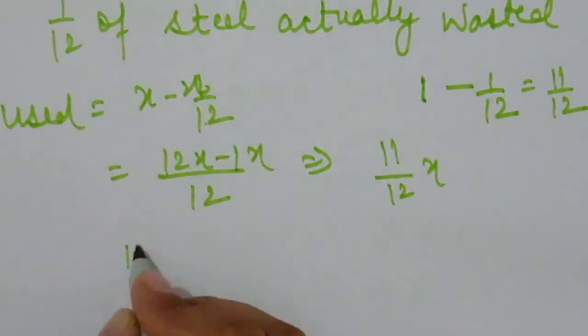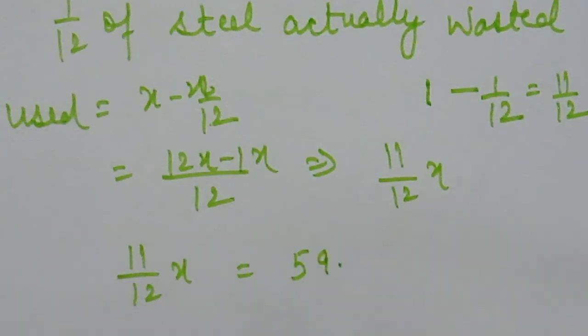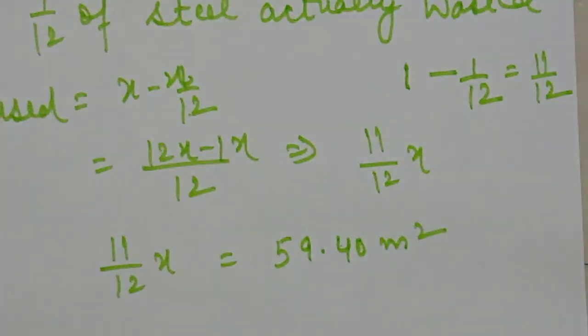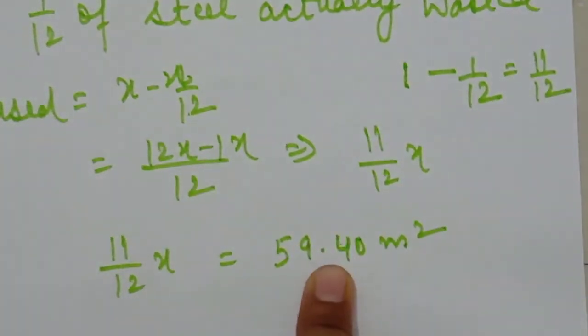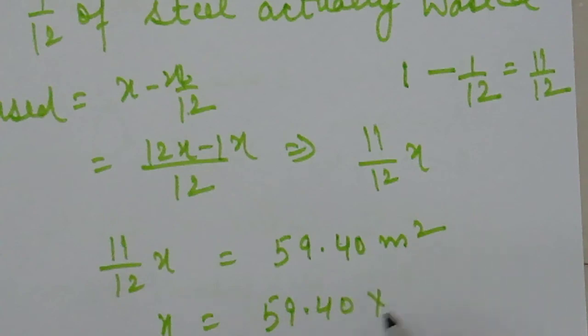It means 11 upon 12 x is equal to 59.40 meter square, which is actually used for making the tank.